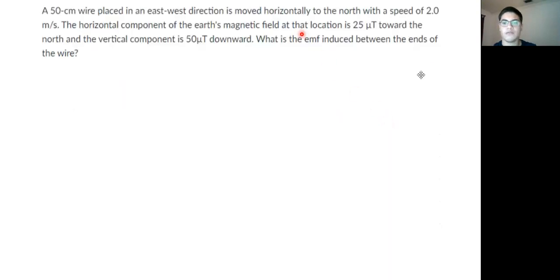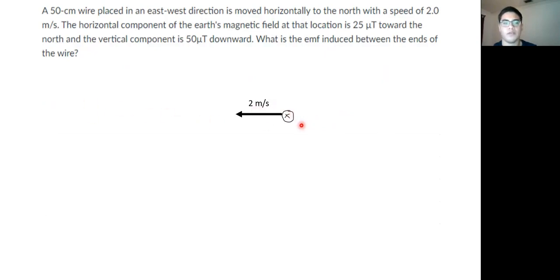So first off, when we see a question like this, we want to visually represent it. We want to illustrate the problem. To the left of the screen is going to be the north, and pointing out of the screen and in is the east and west direction.